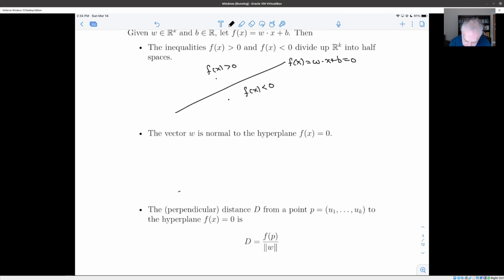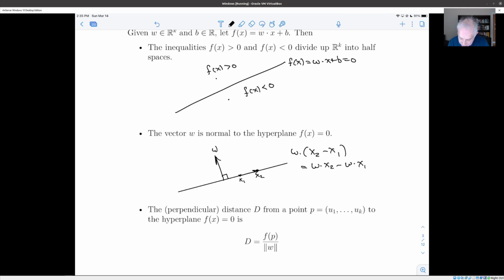The vector w has a geometric interpretation. It's the normal vector to the hyperplane. So here's our hyperplane. Here's w. To see that, if you choose any 2 points, x1 and x2, in your hyperplane, and look at the vector joining them, which is x2 minus x1, and take its dot product with w, you get w dot x2 minus w dot x1.